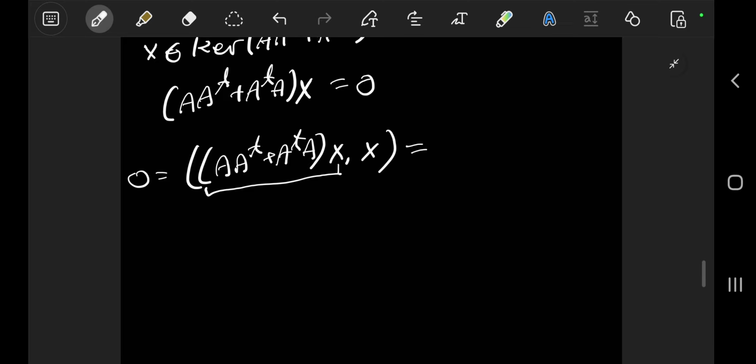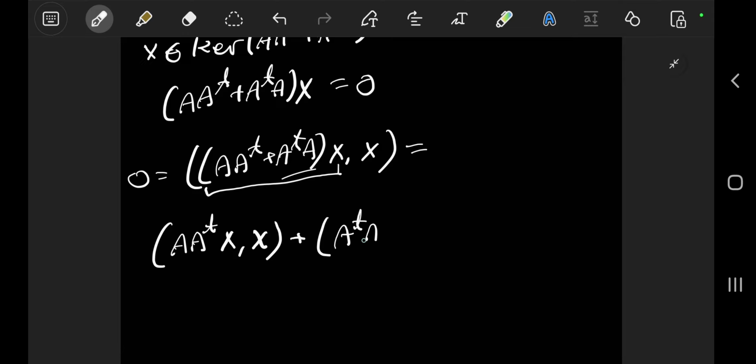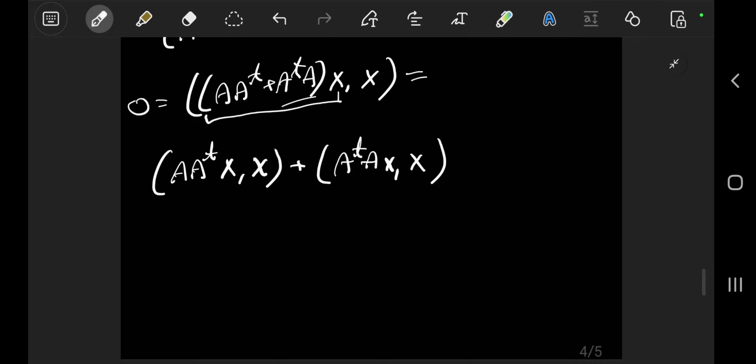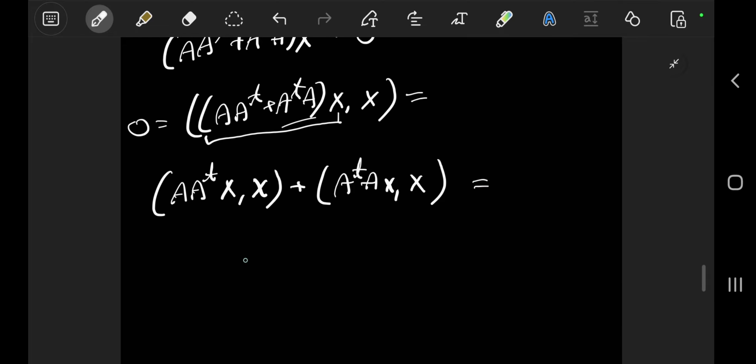Now from linearity in the first argument, we can say that it equals the first part with x plus the second part with x. Now look at the adjoint. We can move this to here, and this is moved to here. Just take the adjoint, and we are over the real numbers, so take the transpose.